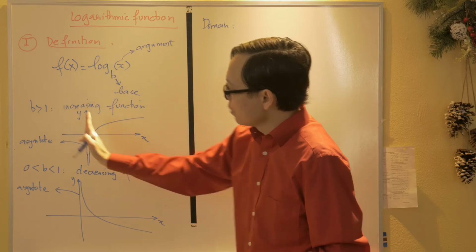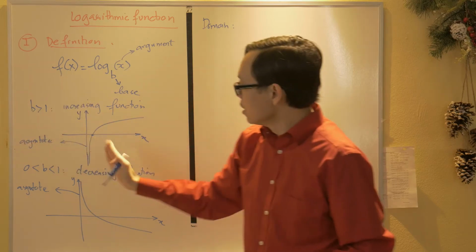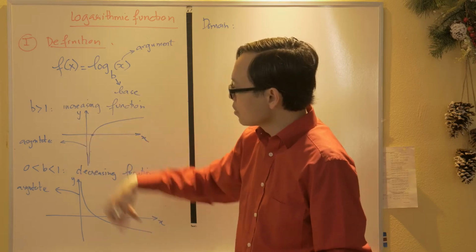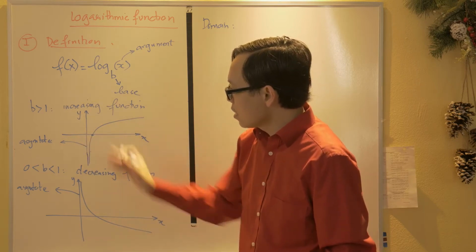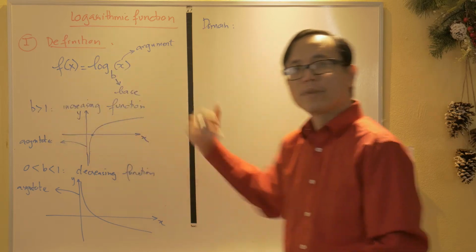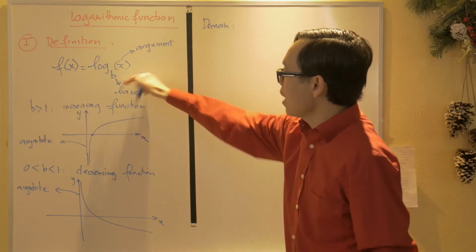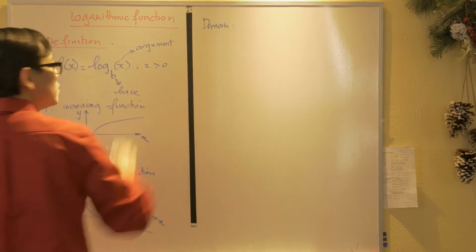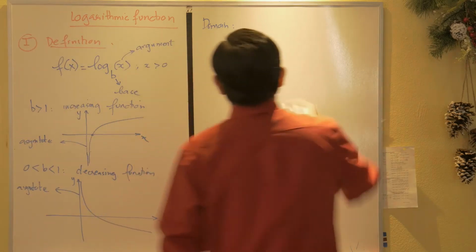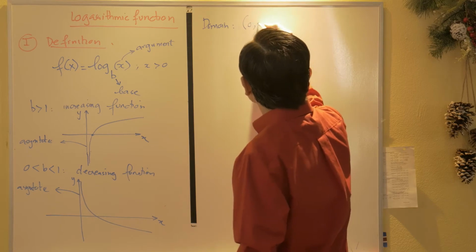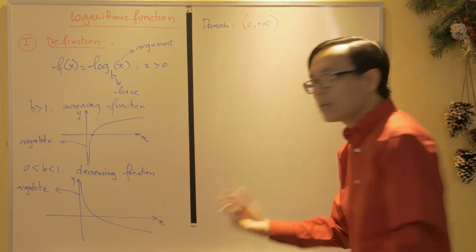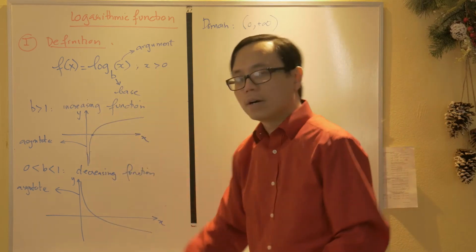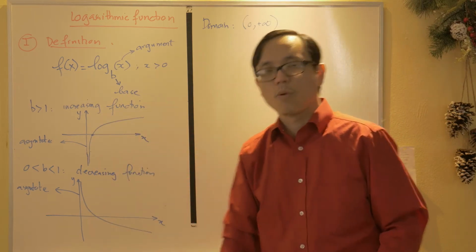We don't have the curve on the left-hand side, and it never crosses 0. So no matter whether it's increasing or decreasing, the domain is always greater than 0. It means the x value is greater than 0. So the domain will be 0 to positive infinity, not including 0, because it never crosses the vertical asymptote, the y-axis.